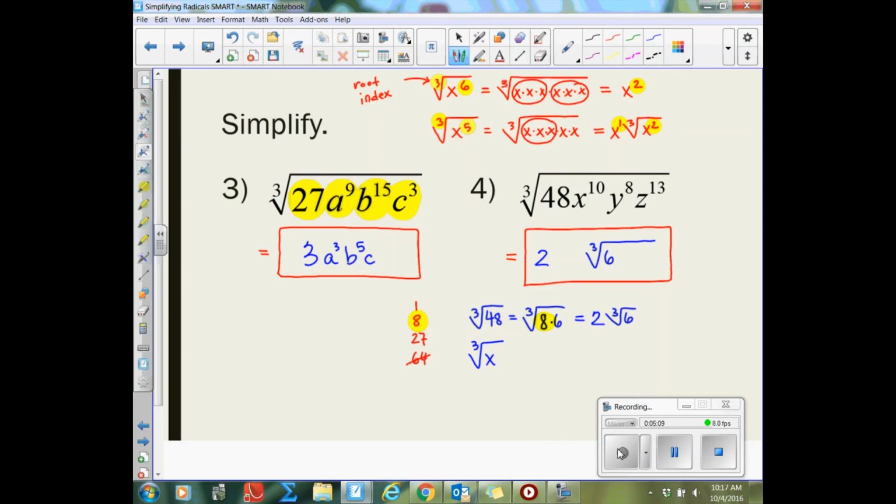10 factors of x. How many groups of 3? That means we take 10 divided by 3, which is 3, remainder 1.